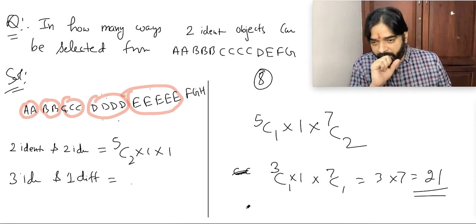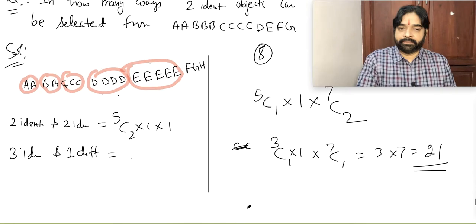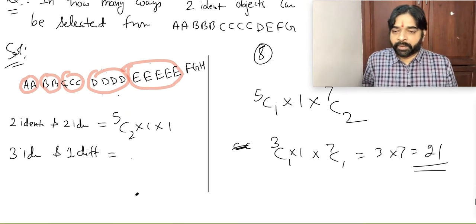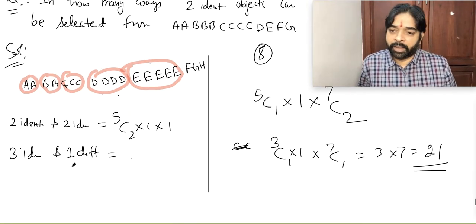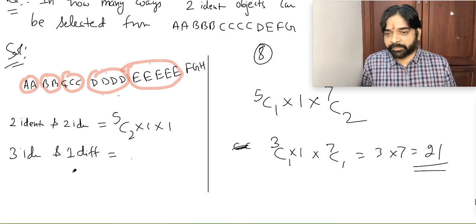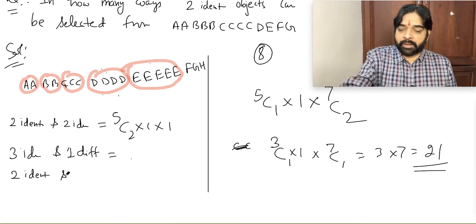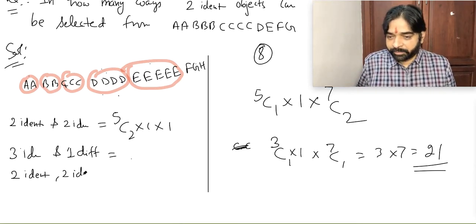Now listen. In this, let's make it slightly more interesting. 2 identical, 2 identical and 1 different.